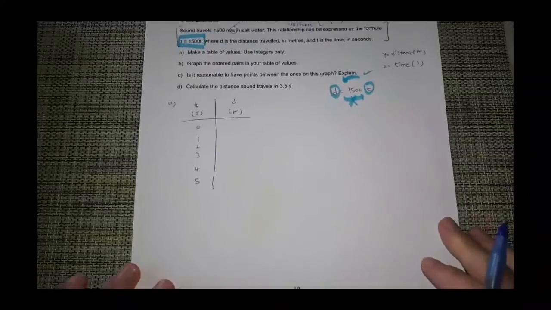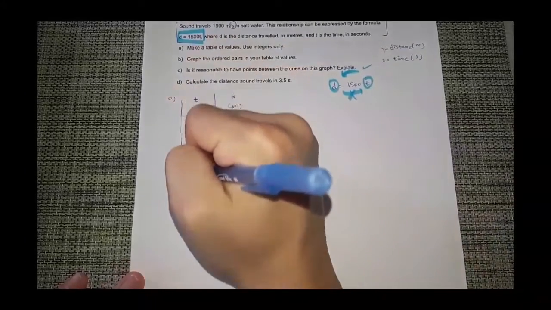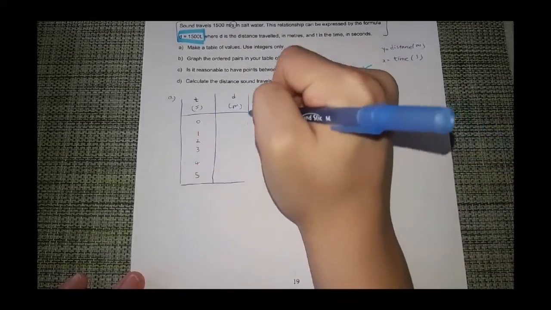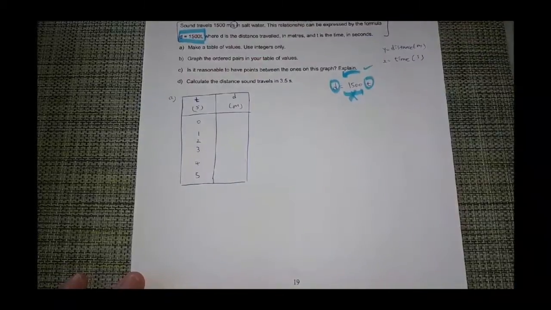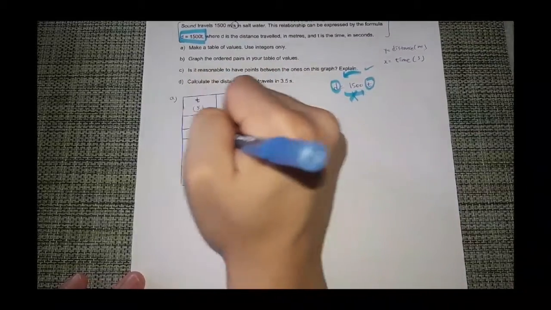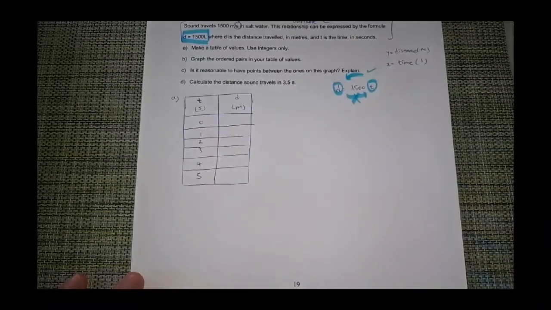It doesn't matter how many, but it's a good idea to have more than 3. In my case, I put 0 all the way to 5. And for each of them, we're going to substitute to figure out the values.